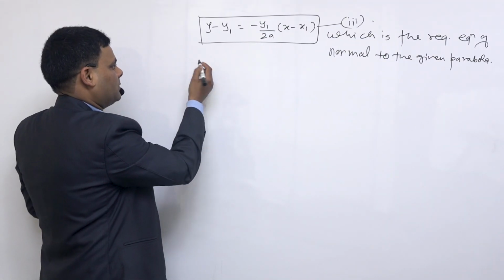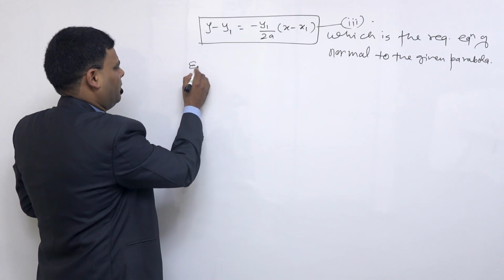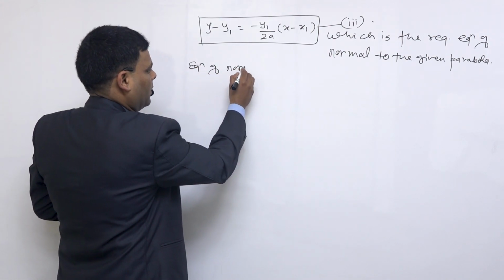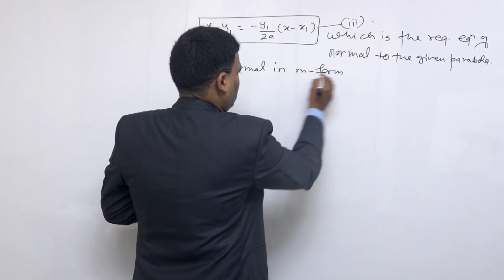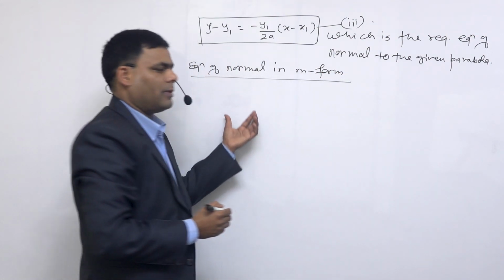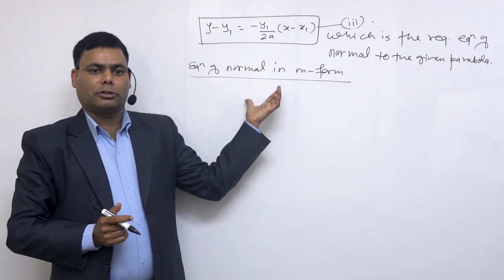Now the last part is the equation of normal in M form. Now we have to find the equation of the normal in M form or slope form.